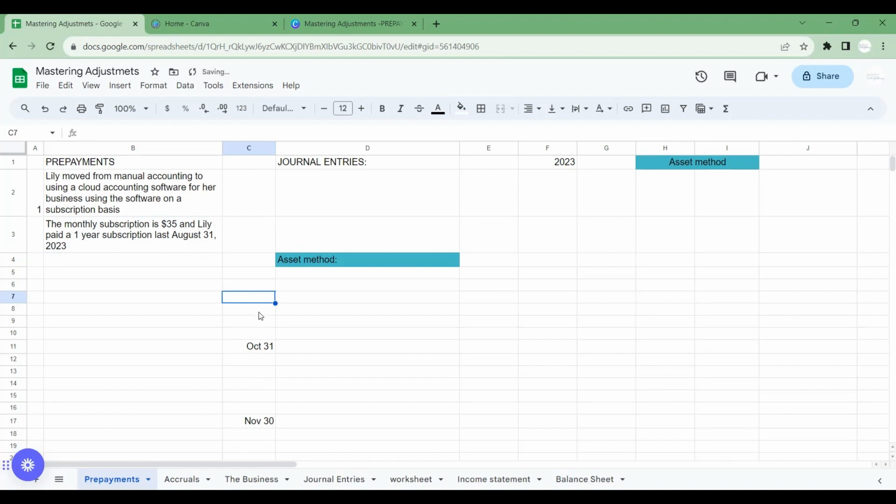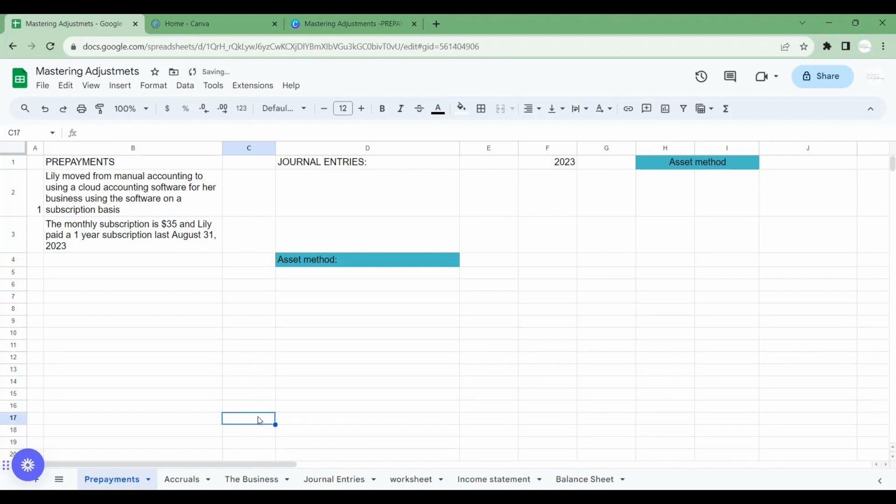Remember that we are accounting for December 31, 2023.